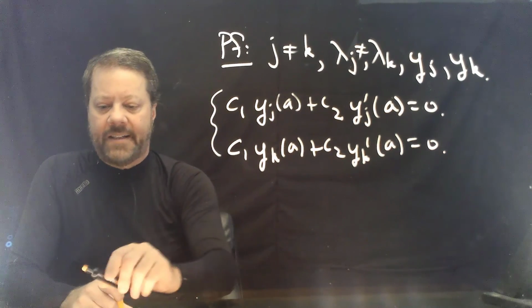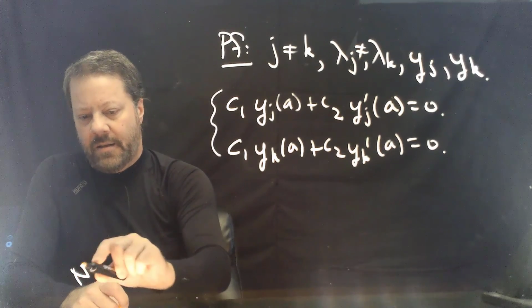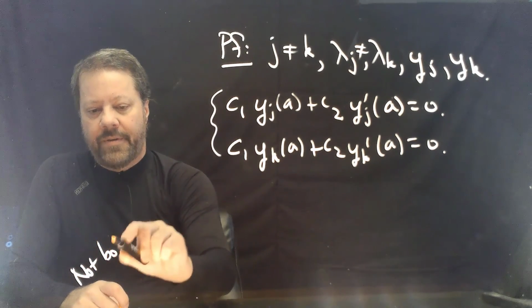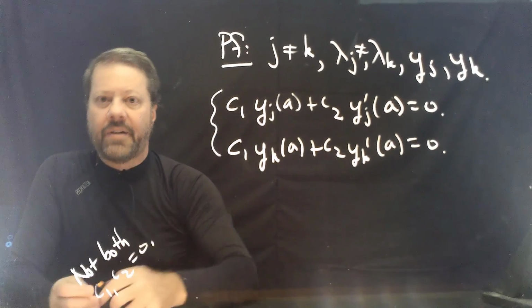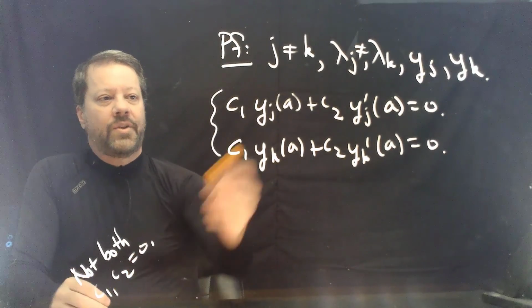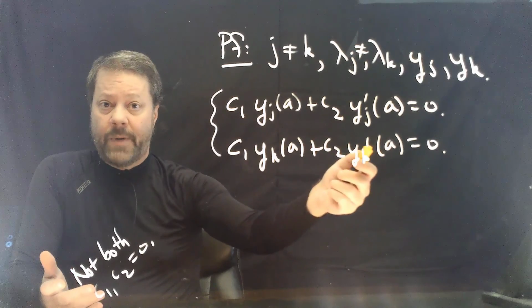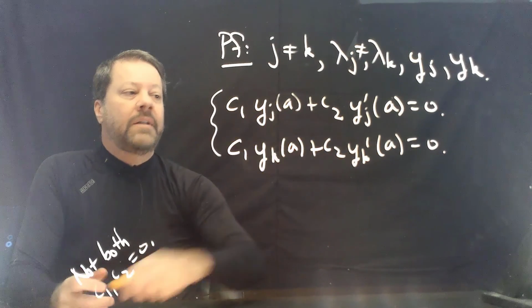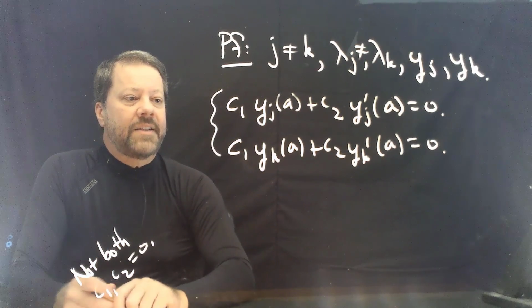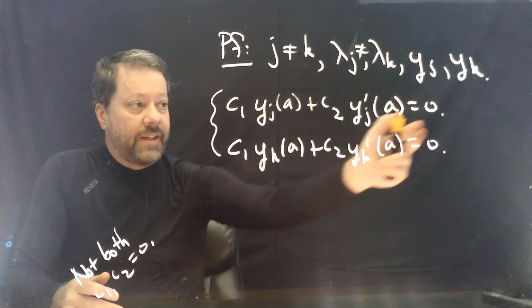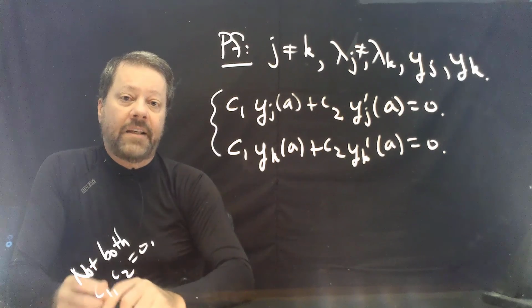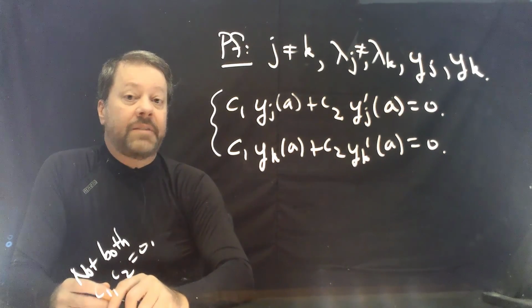With Robin data, we're assuming that not both C1 and C2 can be 0. Assuming that we're solving this system of linear equations for C1 and C2, this implies then, since we have two distinct solutions giving us 0, that the coefficient matrix must in fact be singular.